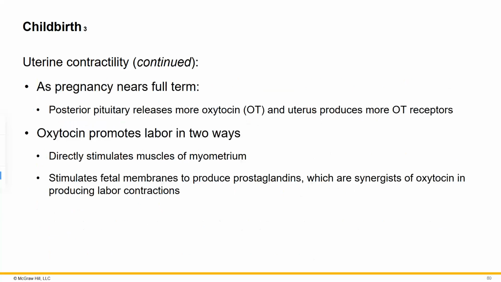As the pregnancy nears full term, the posterior pituitary releases more and more oxytocin, and the uterus produces more oxytocin receptors. Oxytocin promotes labor in two ways: it directly stimulates muscles of the myometrium and stimulates fetal membranes to produce prostaglandins, which are synergists of oxytocin in producing labor contractions.